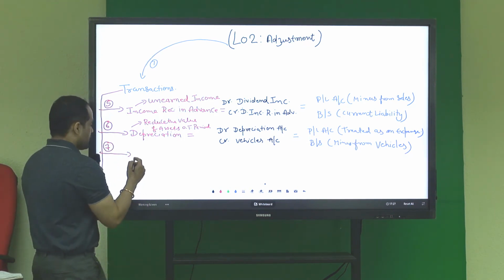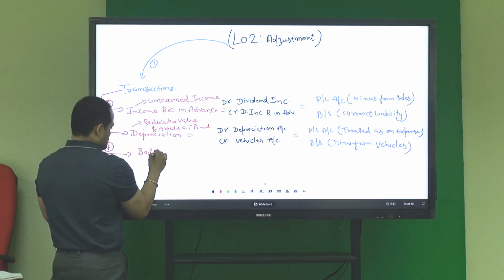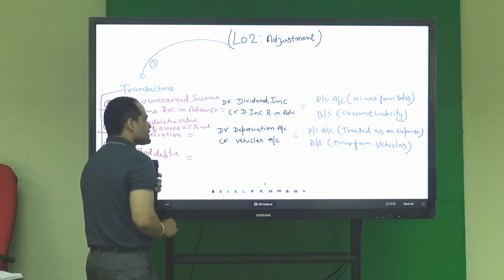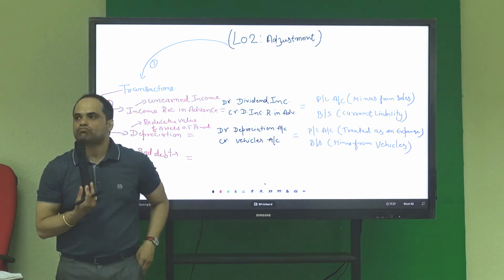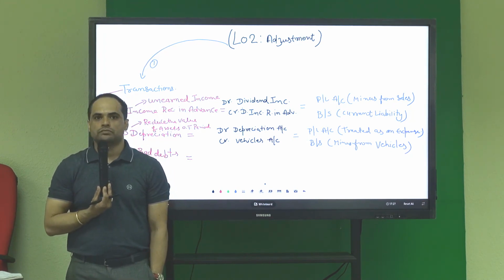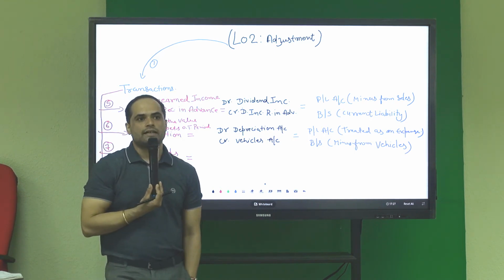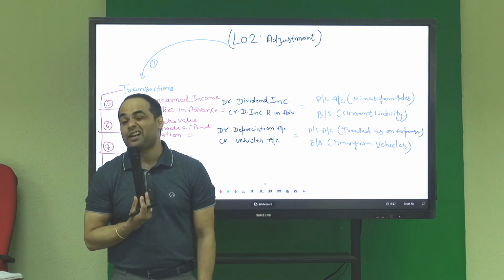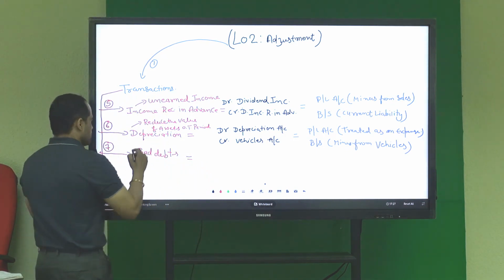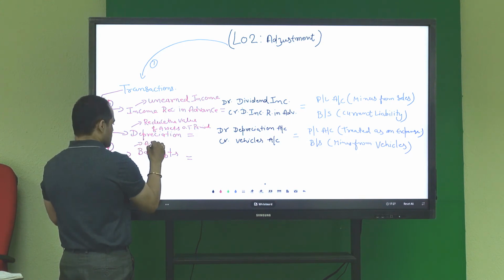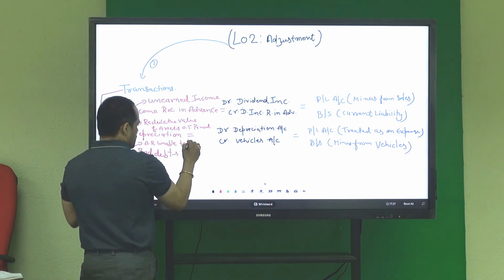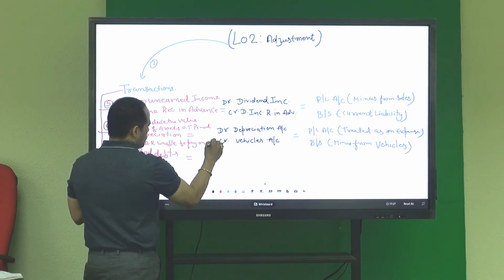Number 7 is bad debts. Bad debts means any customer accounts receivable who is unable to pay you on the due date.